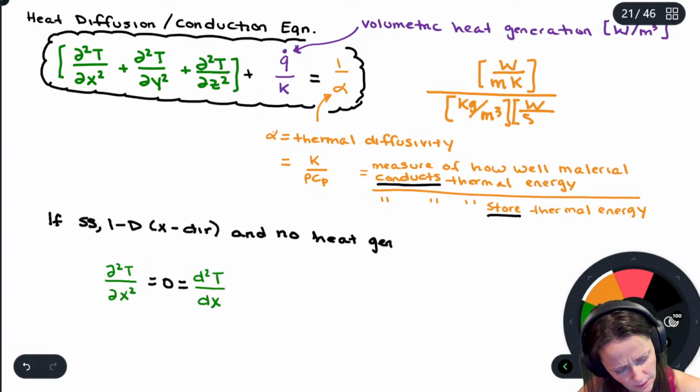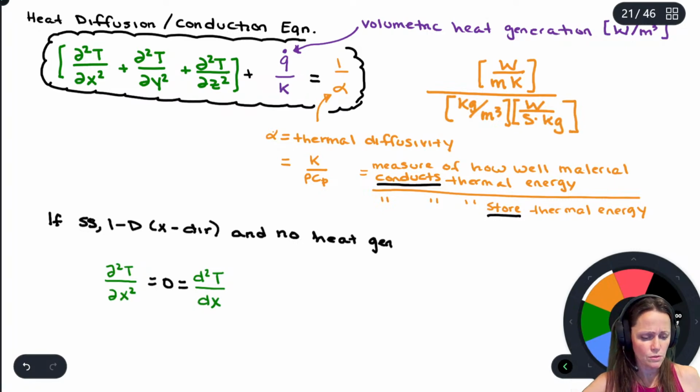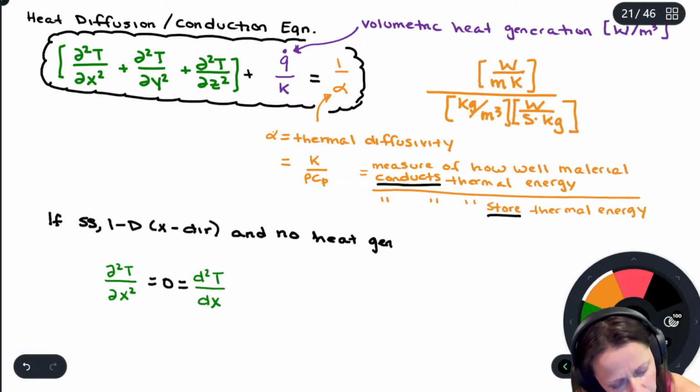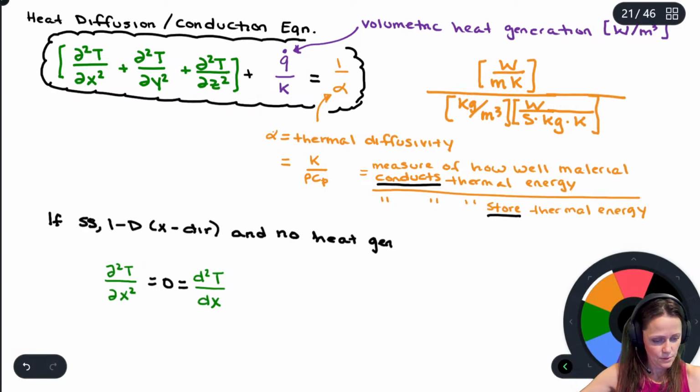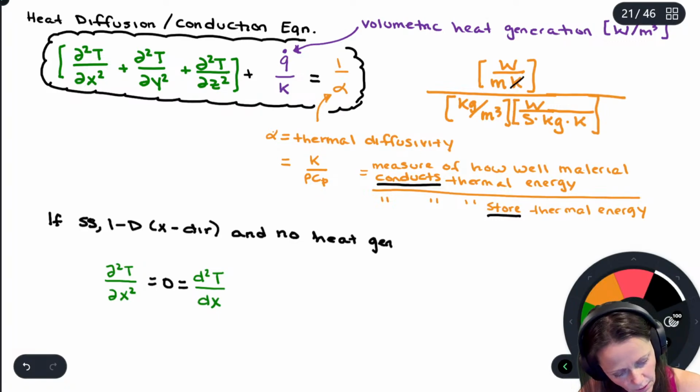And then your c_p would be in terms of joules per kilogram K. Okay, so let's see if we can figure that out. So we have Kelvin, kilograms are going to go away.